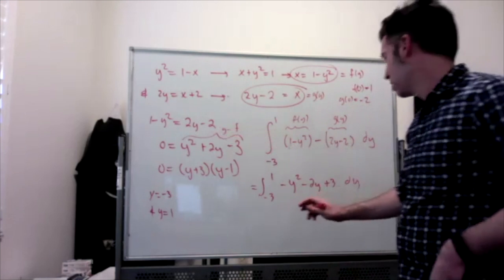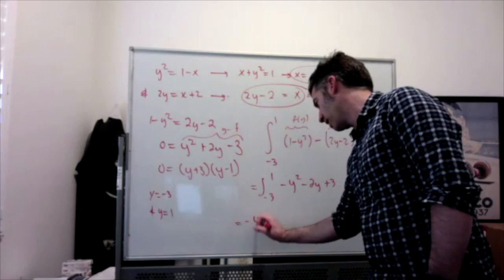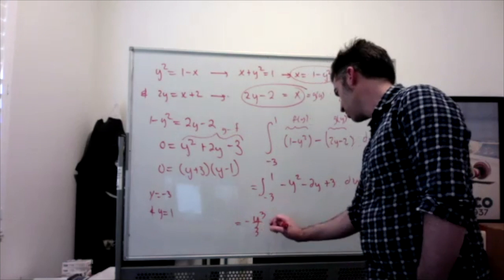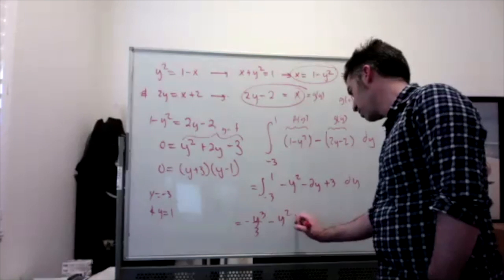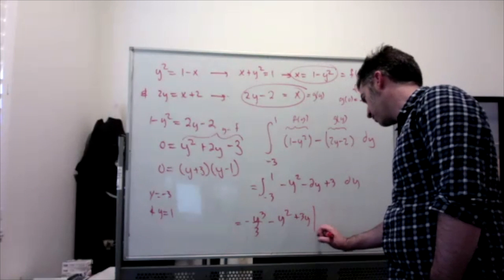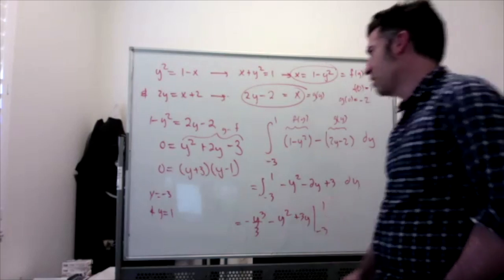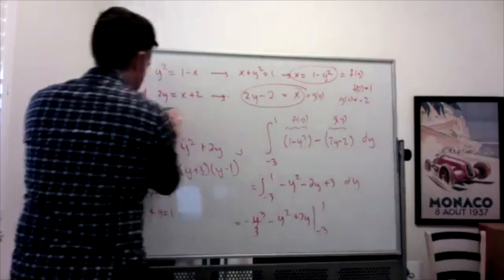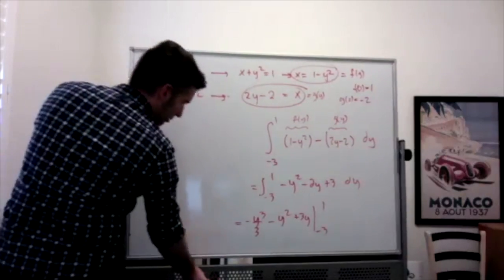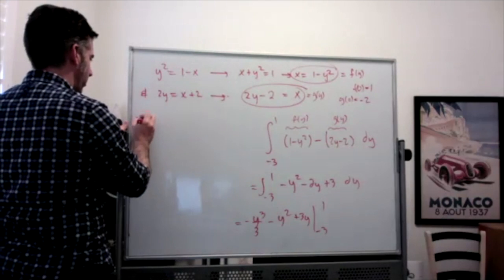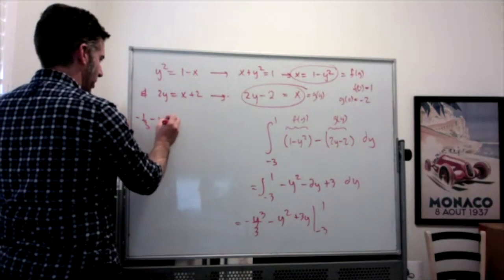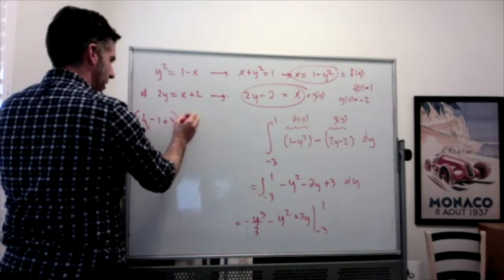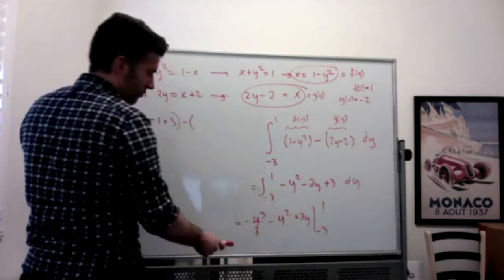Change it up. So then we get negative y cubed over 3 minus y squared plus 3y from negative 3 to 1. Plug it in, and we get some numbers. Let's see, we get negative 1/3 minus 1 plus 3 minus, and I plug in negative 3.